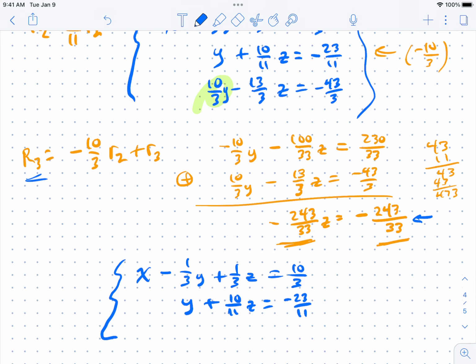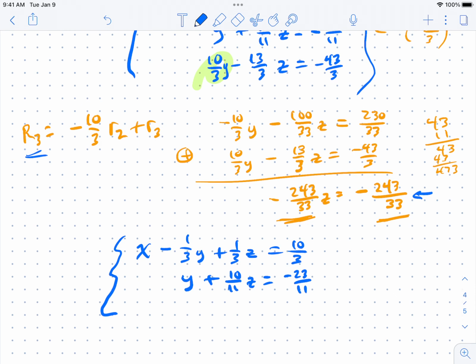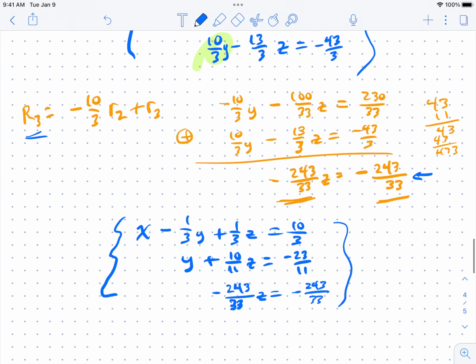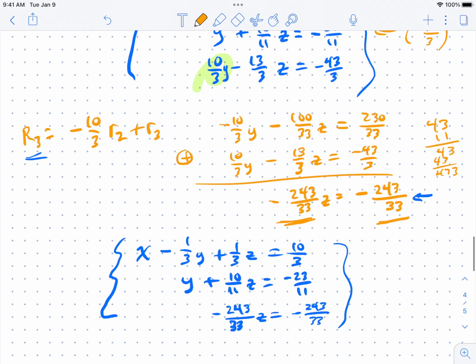That's what we were doing here. Our new form of row 3 is now, and this is kind of trivial, negative 243 over 33 z is equal to negative 243 over 33. So at the moment, that's the state of our little system of equations here.